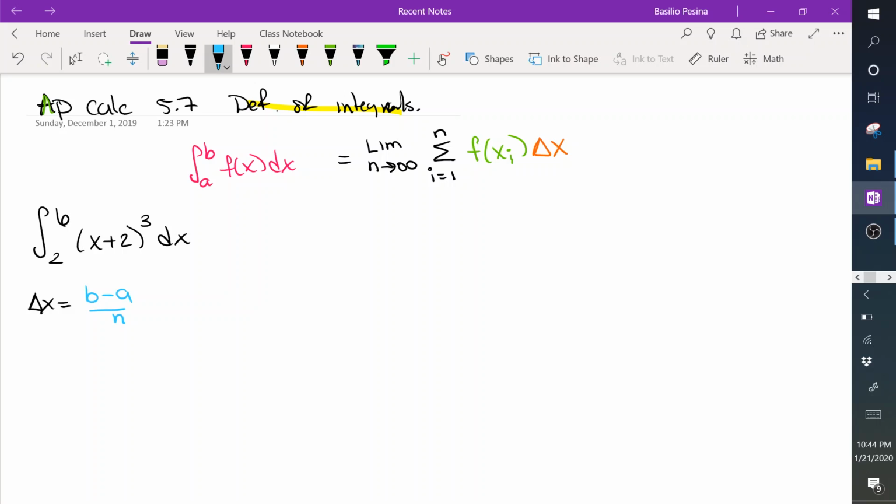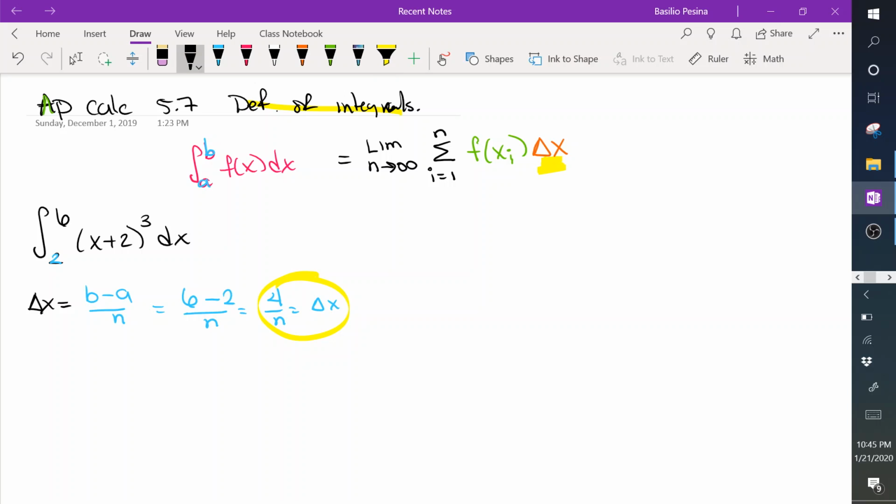My b is my upper limit of integration, which in this case is 6, minus my a, which is my lower limit of integration, which in this case is 2, divided by n. So I got 4 over n as my delta x. Let's save this information because we're going to need it later. So this is my delta x, and we'll replace this part right here.